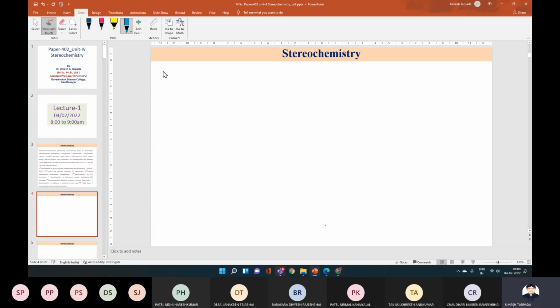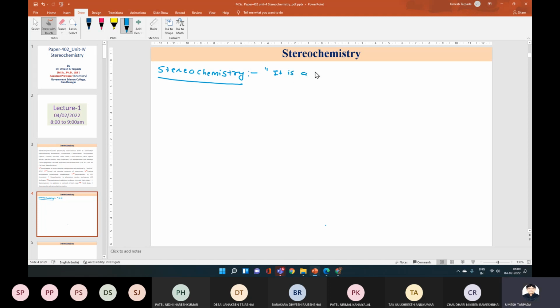So see the term stereochemistry, how to define it? It is just a branch of chemistry that deals with the study of three-dimensional structure of molecules.